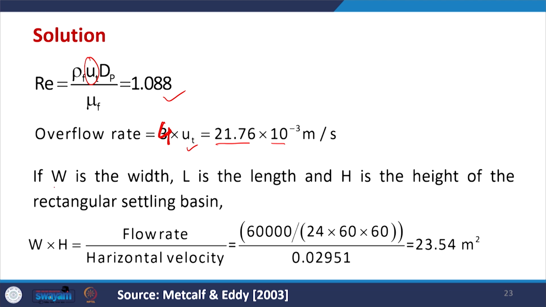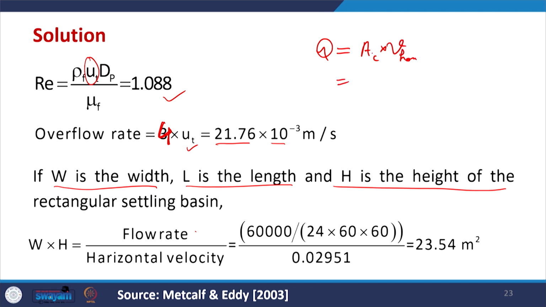Now, if W is the width, L is the length and H is the height of the rectangular settling basin, then W into H should be equal to flow rate divided by horizontal velocity. This is clear because Q, the flow rate, is equal to cross sectional area into horizontal velocity. The cross sectional area is W, the width, into height, and this is the horizontal velocity.